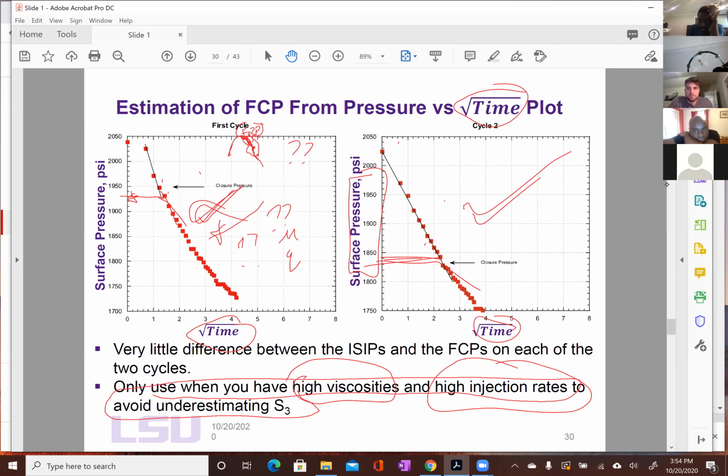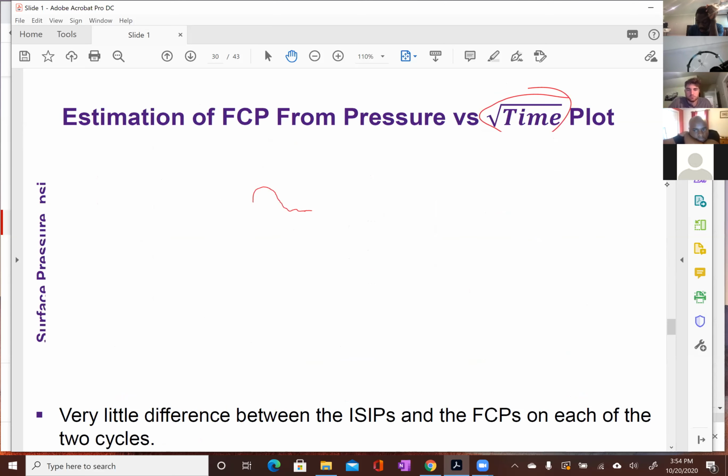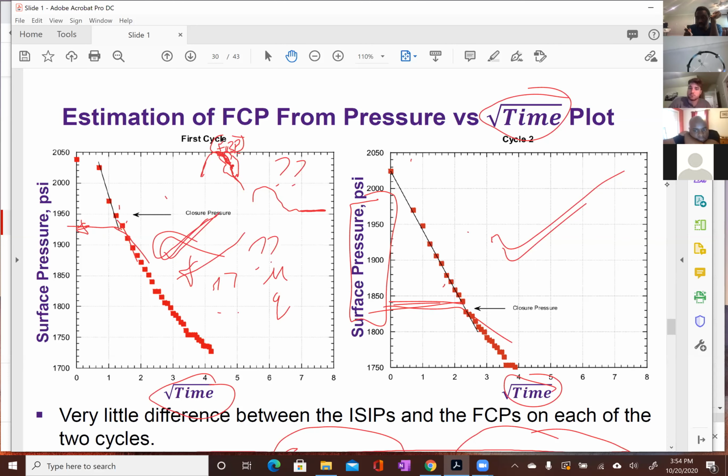So you really need to wait until it comes down and settles, and you see that horizontal line. Now you're sure that the rate of the fluid going into the well bore has balanced out with the fluid getting into the fracture. So there is no change in slope. There's no drop in slope due to that.